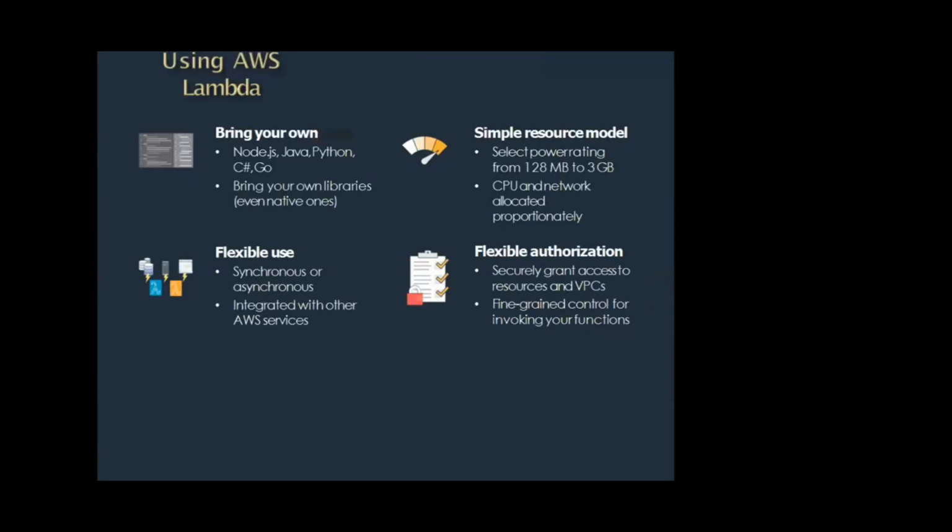As I've already told you about the features, there is no limit. You can write any code in Lambda you want. It just has to be in these 5 languages: Java, Python, Go, Node.js, and C#. Simple resource model. That is, AWS Lambda is really very powerful. It can go from 128 MB to 3 GB in seconds.